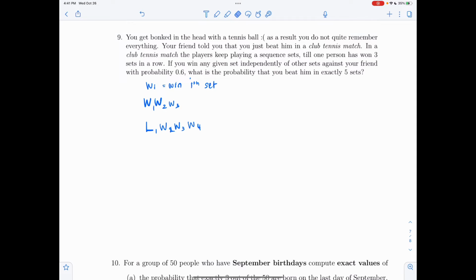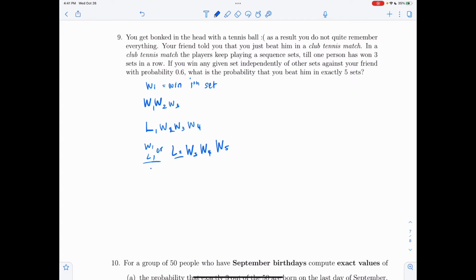If you win in 5 sets, let's start from the back. You need W5, W4, W3. How about over there? You cannot have a win, otherwise you would have won in 4. So this has to be a loss. Now what about here? This could be W1 or L1. So, right, makes sense?